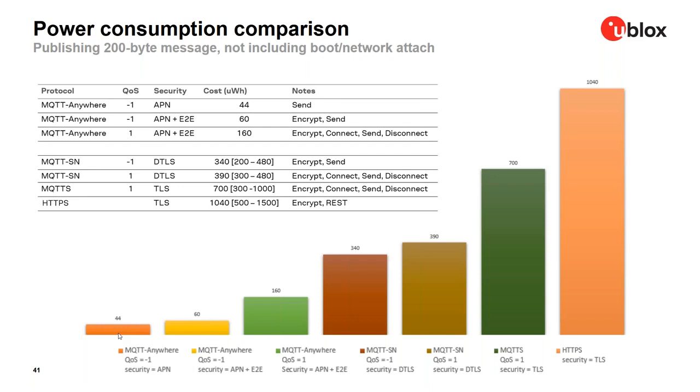But if you want, I'm talking about the yellow solution, the second one. We have said that we are using a private APN, so your data is secure, but you want to encrypt it as well. You want it to be end-to-end encrypted. This end-to-end encryption is a service that u-blox provides as security as a service.